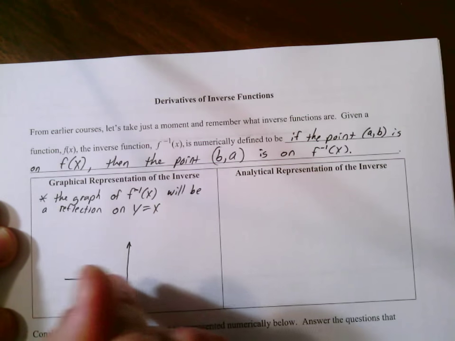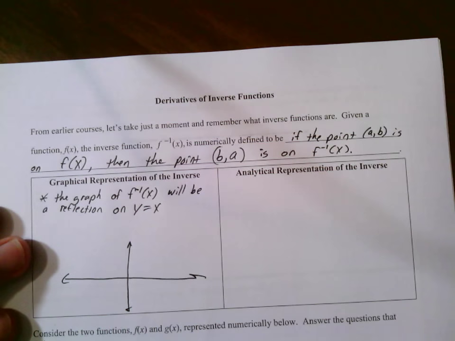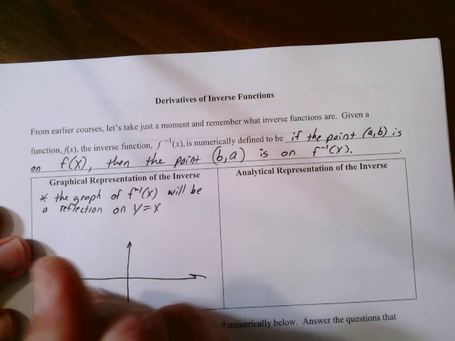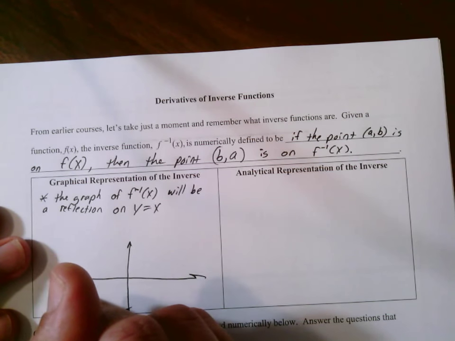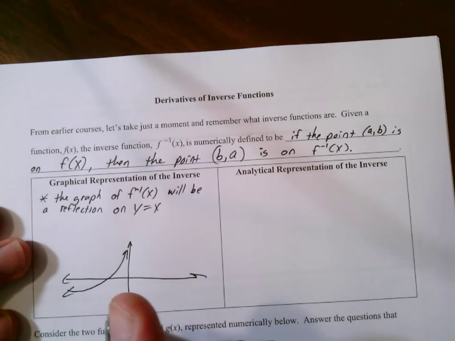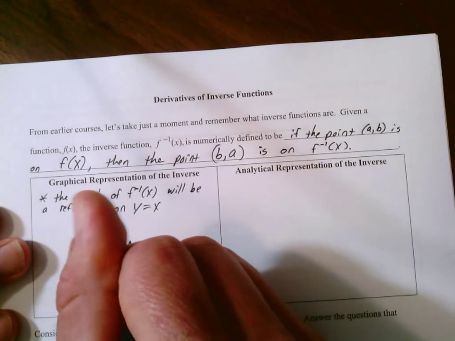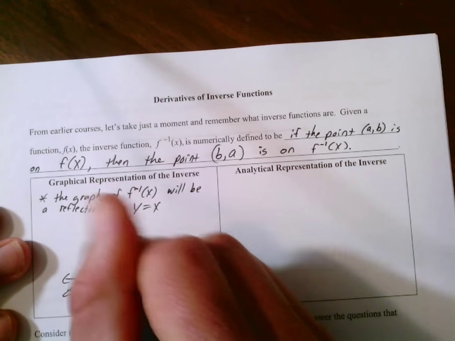So what's the easiest function to see it out of? If we did some kind of exponential function, and the equation of logs looks something like this. Okay, because those are inverses.